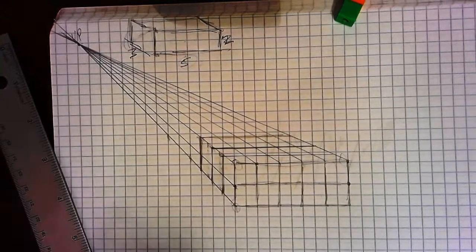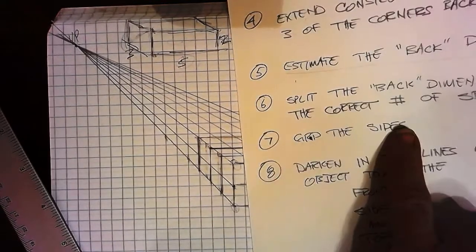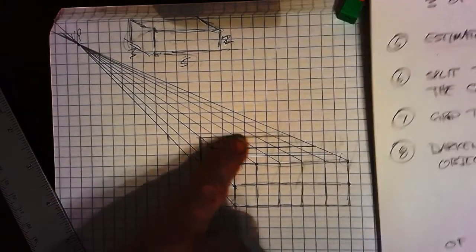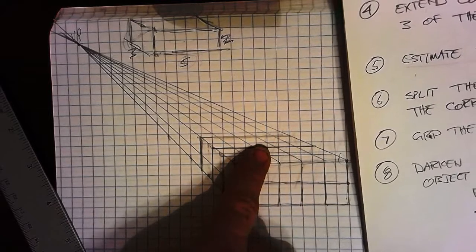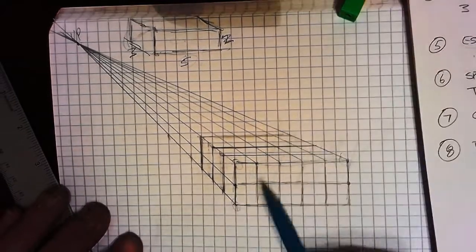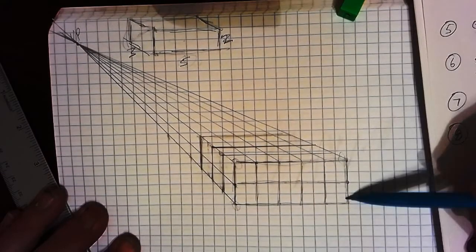So what I've done is what I call gridding in the sides. Now I have a set of apparently squares here, a bunch up top here, and the ones on the front. And if I'm a little bit confused, I'm going to slightly darken in the edges of my big box just in case I get confused, but I think we'll be alright.